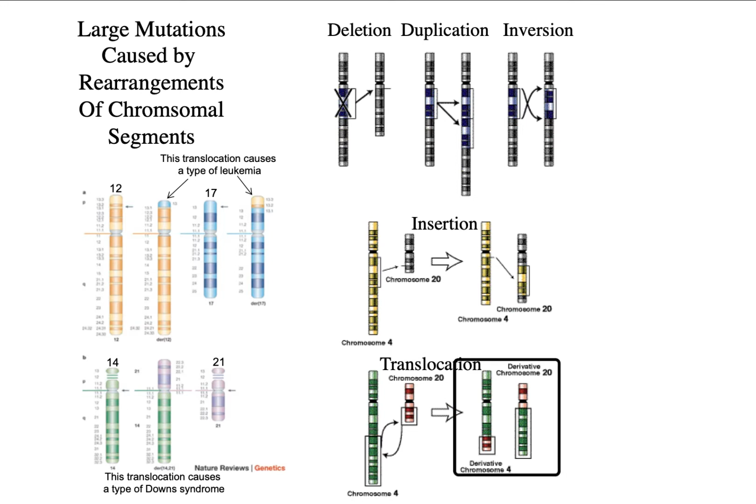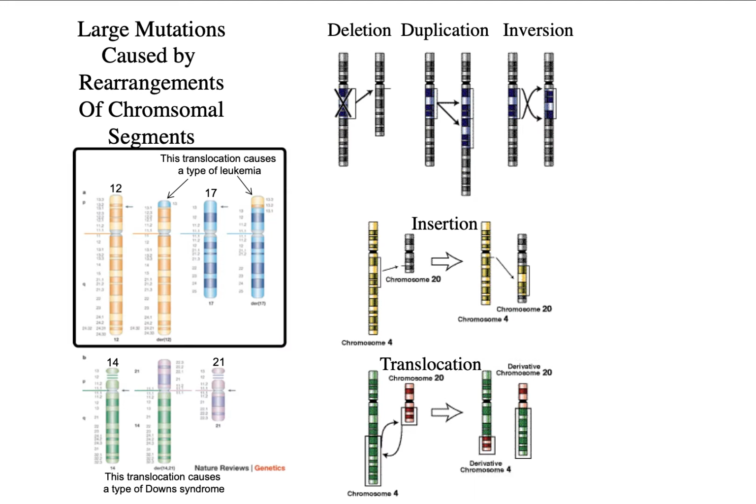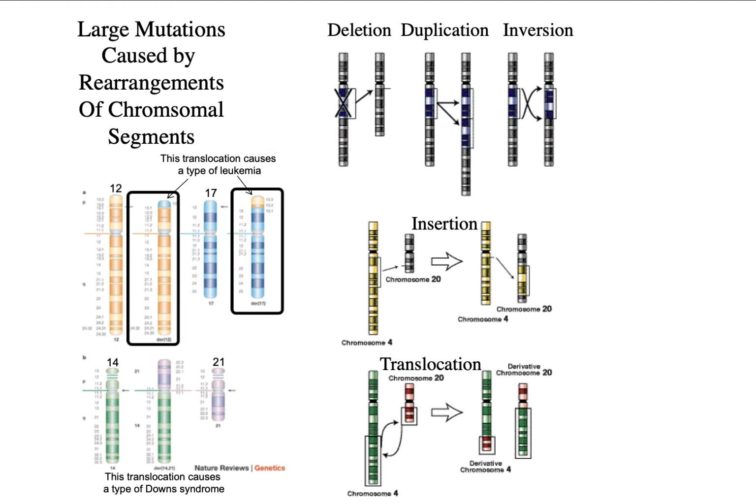Also, here's a translocation where there's been a single crossover between chromosome 4 and chromosome 20, leading to this situation where now you have two different aberrant chromosomes, and that also leads to a type of cancer. And then this one up here, crossover between chromosome 12 and chromosome 17, causes two new types of chromosomes here, and that causes a certain type of leukemia.